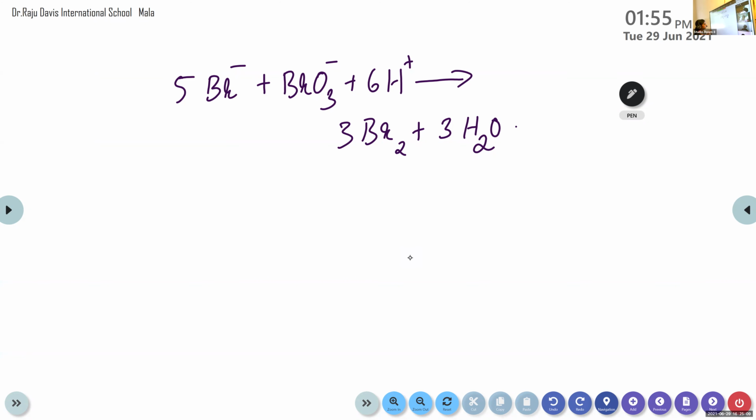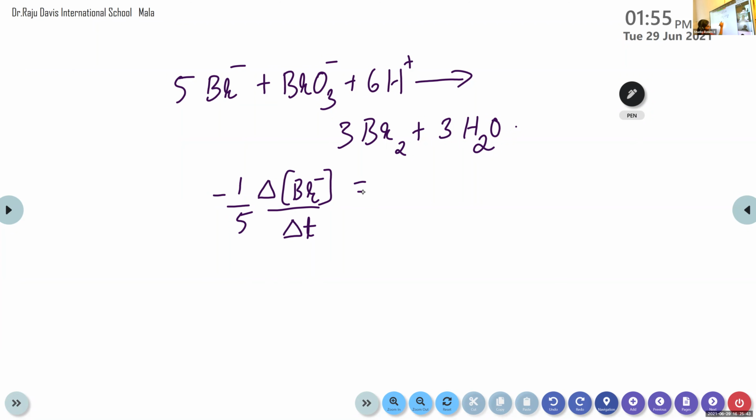So how can we represent its rate? Punya, can you tell me? Rate is equal to minus 1 by 5 delta concentration of Br minus by delta T, that is equal to, what about the minus charge?